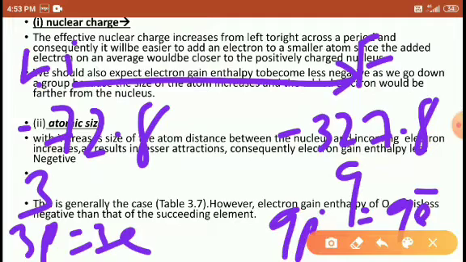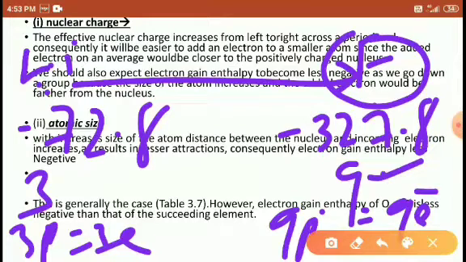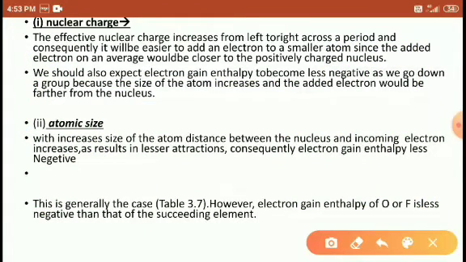Both sides have the same principal quantum number, but in fluorine the number of protons is high, so nuclear charge is high, so size is small. Size is small, so the attraction between the incoming electron and the nucleus is high, so it accepts more easily, so the value is highly negative. Here the distance between the nucleus and the electron is high. If the distance between the nucleus and the electron is high, the addition of an electron is a little more difficult. Right, students? Understood?